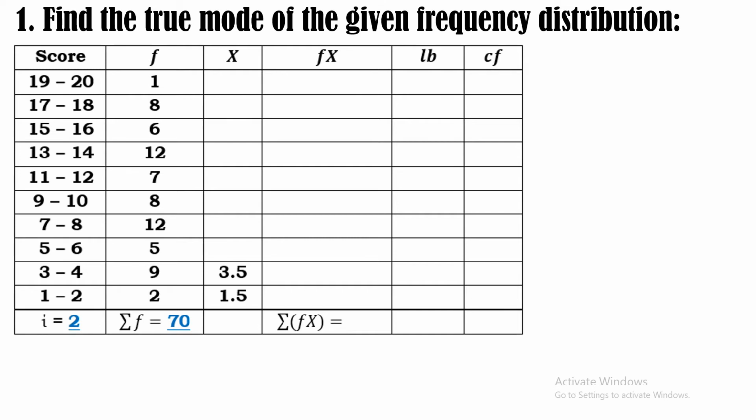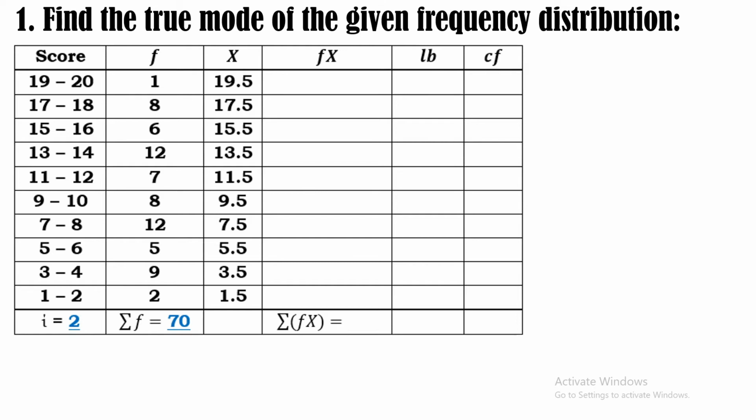So we simply have to add the class size to the preceding class mark. So to find the class mark of the class interval 5 to 6, we have 3.5 plus 2, that's 5.5. For the next class interval, we have 5.5 plus 2, that's 7.5. Plus 2 is 9.5. Add 2 again, we have 11.5, followed by 13.5, 15.5, 17.5, and of course, we have 19.5.